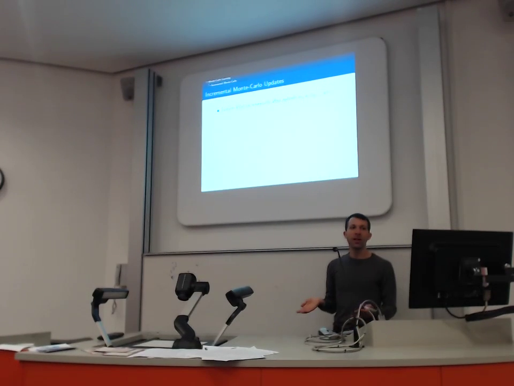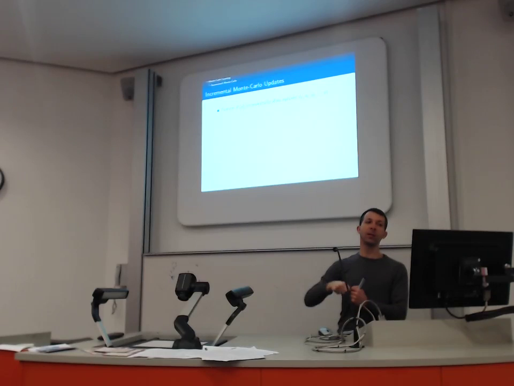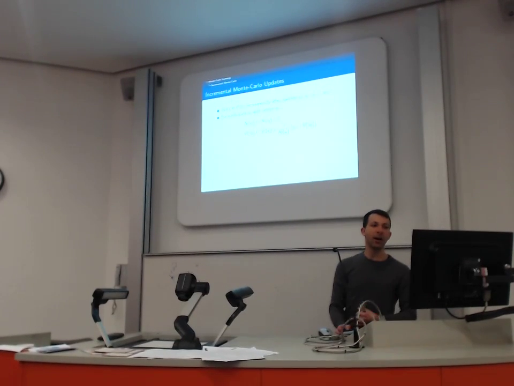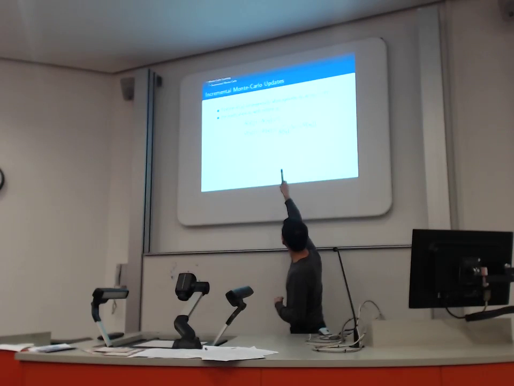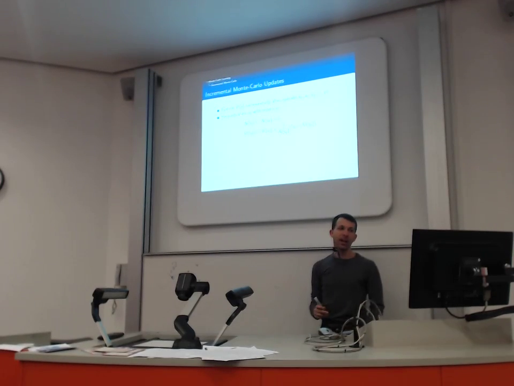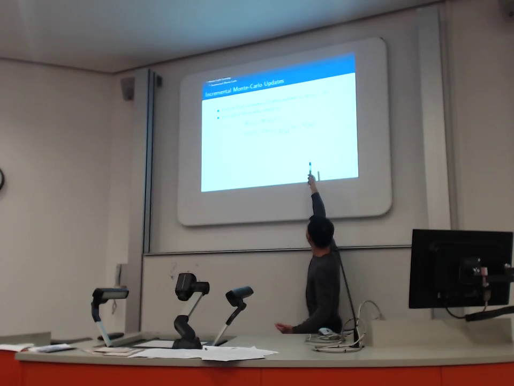So how would we do that with Monte Carlo? We're going to see one new episode, and we're just going to update our value function using this incremental mean. We update the counter, just the way we did before. Then we update the value function using our incremental mean computation. This term here is the error term, which is the difference between the return that we actually observed and our previous estimate of the mean.